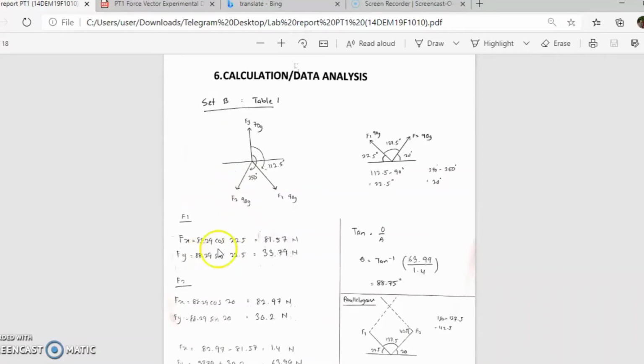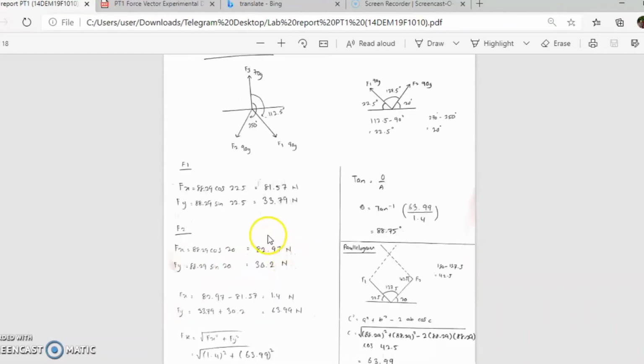After that, we put the value into the formula for force, which is force cos angle for Fx and force sine angle for Fy. After that, we calculate that value until we get the accurate value.